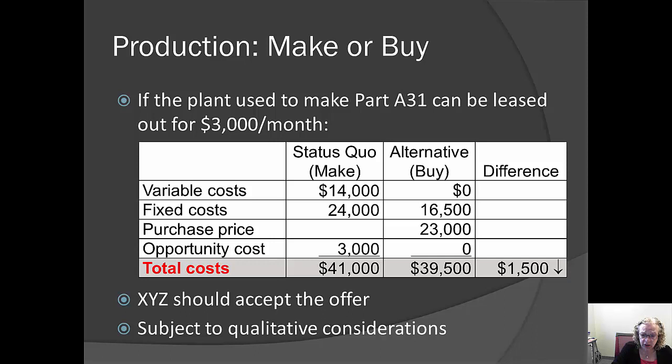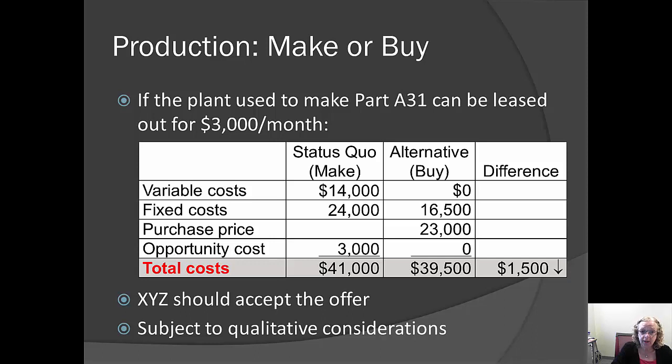Or what if there's a UPS strike? Or what if the supplier raises its price right after we have given up our manufacturing capability? For all of these reasons, we might consider that it's still better to make the component, even though we know that it's going to cost us more.